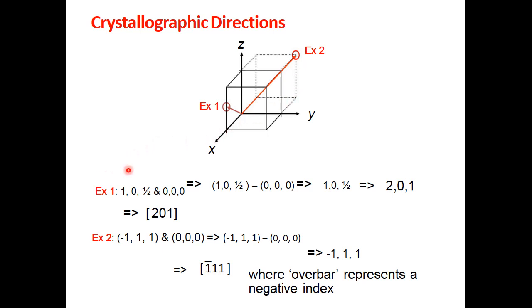So let's take example 1. Start point and end point. Start point 0, 0, 0. End point, for example 1, it is 1, 0 and half. And how do we get that? 1 means along x axis 1 unit, because this end point lies over here.